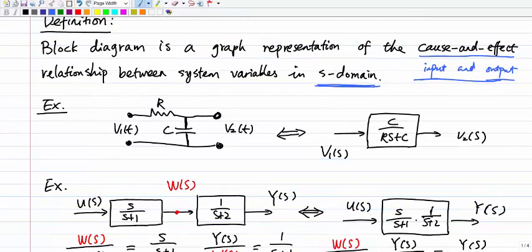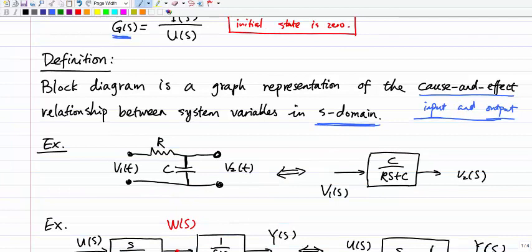For example, in the previous video, I talked about the transfer function between V sub 1 t and V sub 2 t for an RC circuit. R is the resistor, C is the capacitor. From my previous video, the relationship between the system variables, if I use V1 s and V2 s here, because the definition says the variables must be in the s domain.